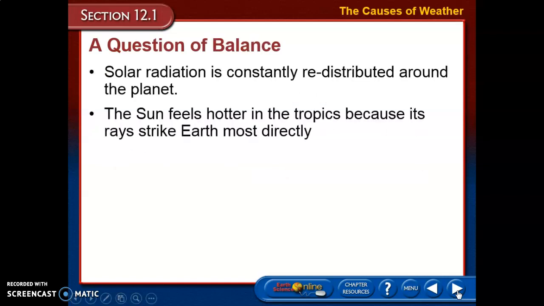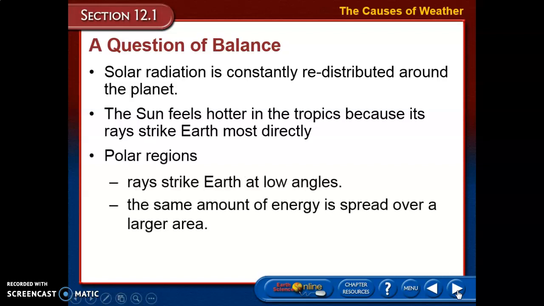So why do we have the climate that we have here, the average type of weather? It has a lot to do with the curvature of the earth, the tilt of the earth, and where you're located amongst all this. Because the earth is curved, not every area of the earth gets equal attention from the sun.